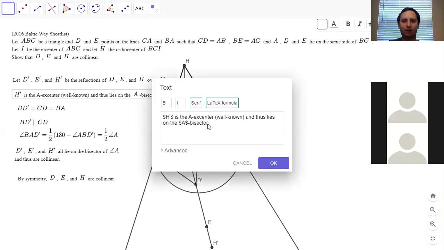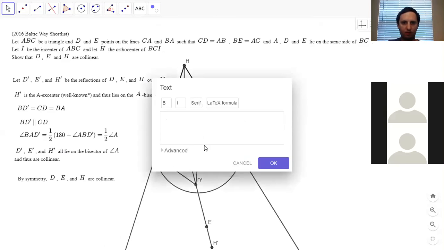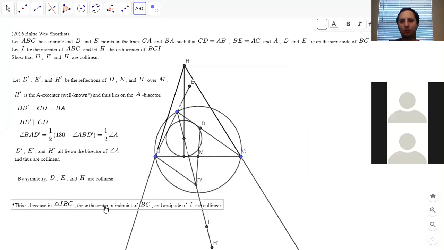So yeah, that's not that hard of a proof. So I could just write that. This is because in triangle IBC, the orthocenter, midpoint of BC, and antipode of I are collinear. So yeah, that's a well-known fact. I've done that a bunch of times on my channel. But yeah, that's a cool proof. I like it.